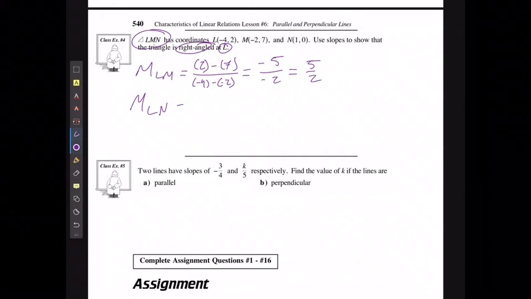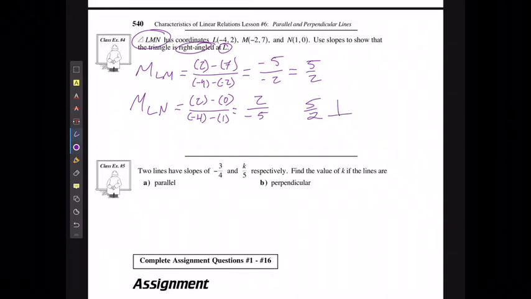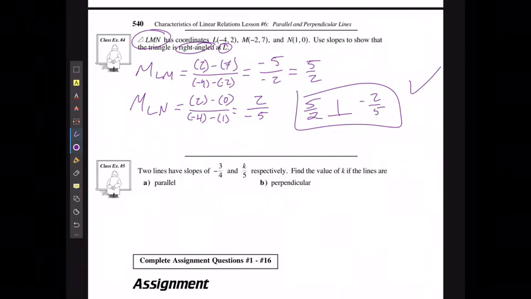For LN, I'm going to state that I have 2 minus 0 on the top and -4 minus 1 on the bottom. 2 minus 0 is going to give me 2, and -4 minus 1 is going to give me -5. And then I can say that 5 over 2 is perpendicular to -2 over 5, which means that it is a right angle triangle at L.